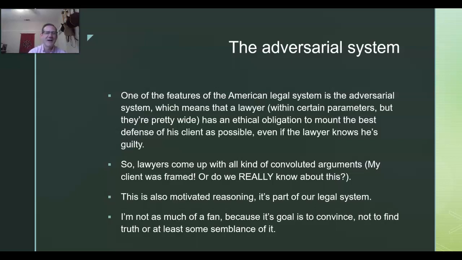But here's the deal. I'm a trained philosopher, and philosophers think that people are engaged in a mutual endeavor to come up with some kind of truth or something approximating it, right? I'm skeptical. I don't know about absolute truth, but there are some things we're pretty sure about, some things we're not so sure about, and philosophy is the exercise of trying to separate those two things out. Well, lawyers try to conflate those two things as part of motivated reasoning in order to get their clients off the hook, right? And so do justices sometimes.